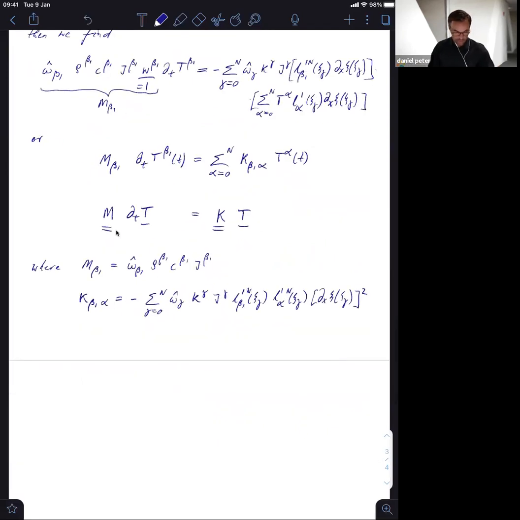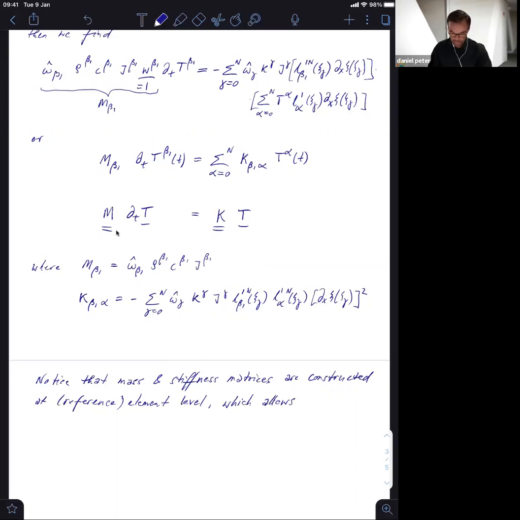So, last note here. Notice that mass and stiffness matrices are constructed at the reference element level, which allows for material heterogeneities within an element.